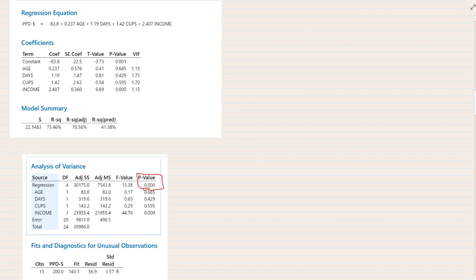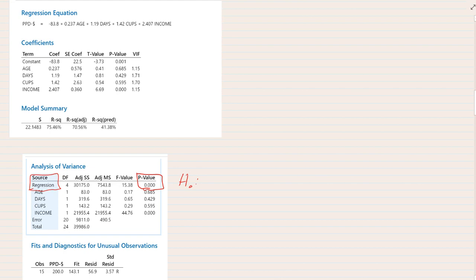Now, one thing that is important is this p-value for the regression model. That p-value is testing the overall fit of the regression model. So what is the null hypothesis here?